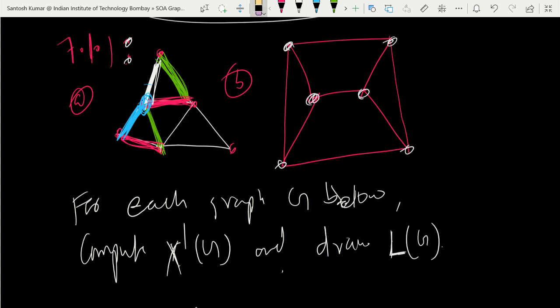So here you take this color, the fourth one, and yes, here you can take this color.